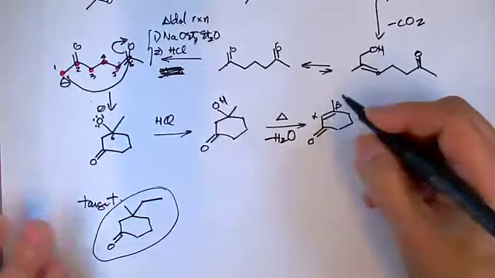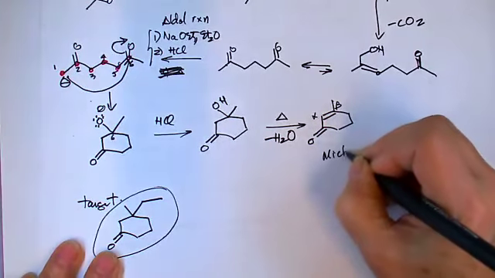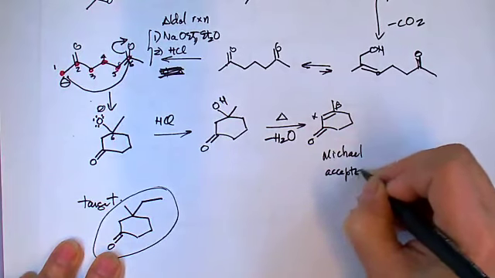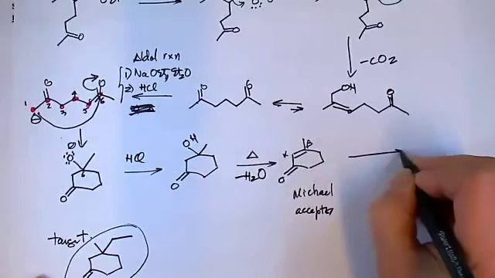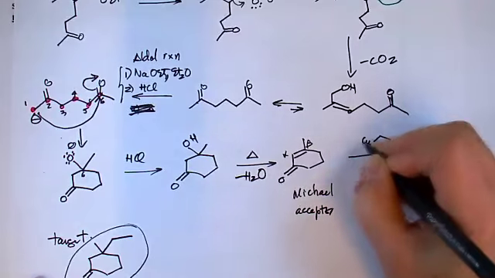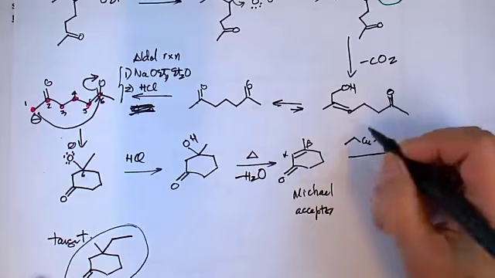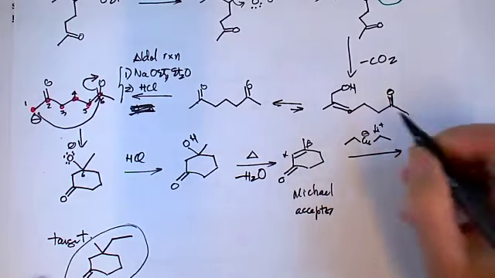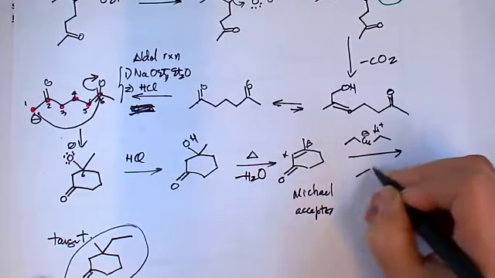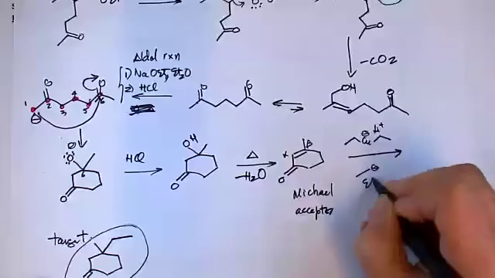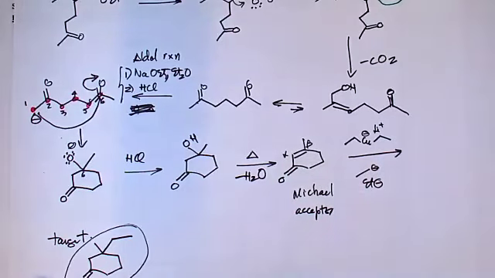So how do we get here? This is a Michael acceptor, and what we're going to use here is a Gilman reagent. This Gilman is going to be diethyl, negative, with a positive counter ion. This is a source of this negative ethyl.